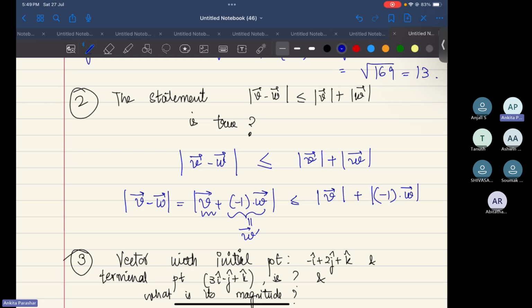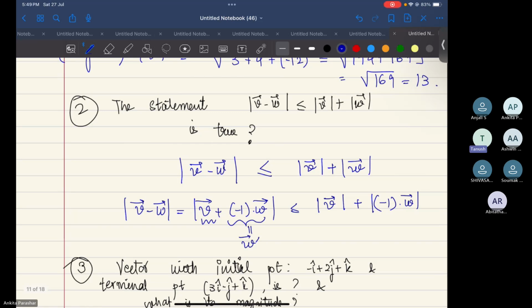But what is the norm of minus 1 times w vector? We have to take that minus 1 out. The norm of a scalar times a vector can be written as the norm of the scalar times the norm of the vector. So then we have to calculate the norm of just minus 1, which is exactly 1.